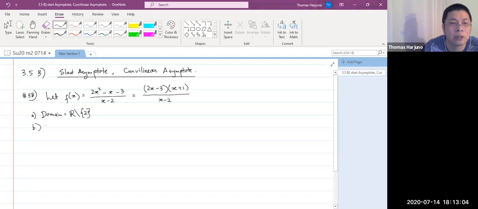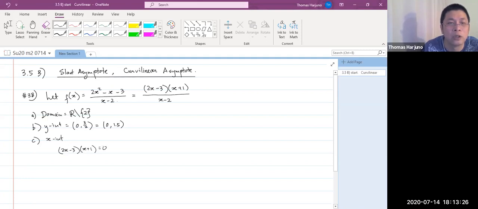Part B, the y-intercept is (0, 3/2), or (0, 1.5). Part C, the x-intercepts: (2x minus 3)(x plus 1) is equal to 0, so x equals 3/2 and x equals -1 are the zeros because both of them are real numbers.